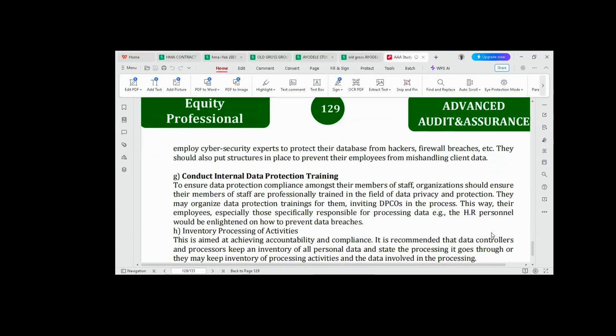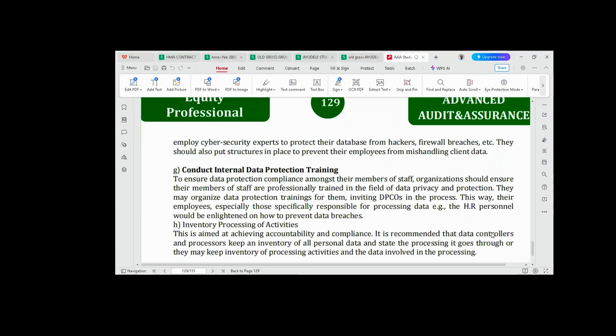Then they also conduct internal data protection training, okay? That is, they organize trainings for appointed staff, most importantly auditors, accountants, HR. They also try to explain to them. For instance, when you join some organizations, they will give you what is called a non-disclosure agreement, NDA.